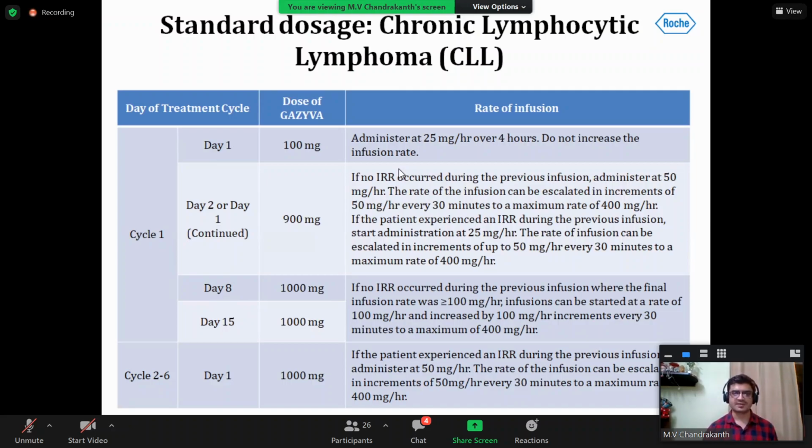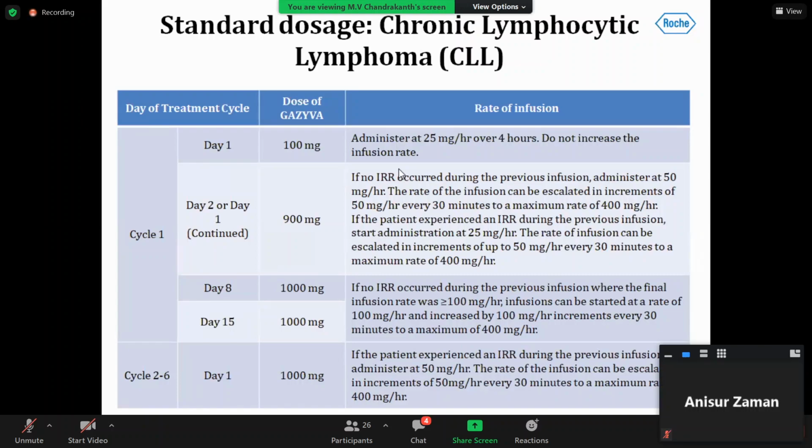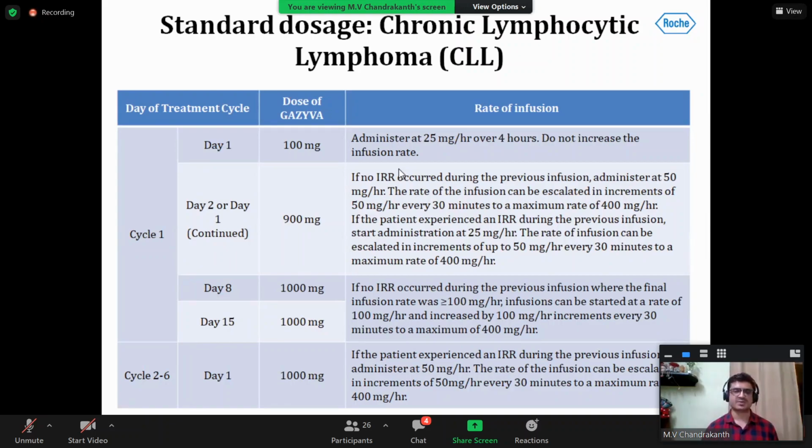So you have to administer on day one 100 milligram over 4 hours at 25 milligrams per hour, and we slowly increase the rate of infusion, and we go up to 50 milligram, and then we go even up to 400 milligrams per hour if they're tolerating well. So we must remember the schedule. There is an initial weekly intense schedule followed by monthly maintenance. On the first week, we divide obinutuzumab into day 1 and day 2. Day 1 is 100 and day 2 is 900.